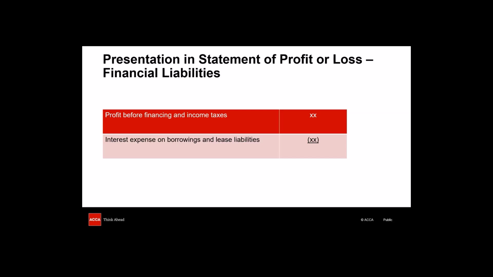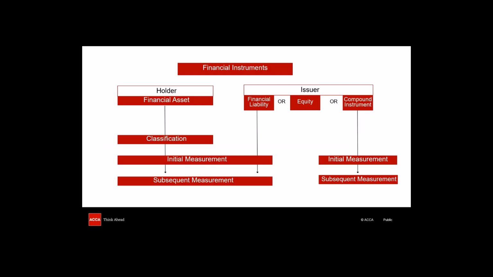From that, we are going to subtract the interest expense on borrowings and lease liabilities. So interest expense on borrowings is what covers the financial liabilities also. This is the financing part of the statement of profit or loss, and after that we reach the figure of profit before income taxes.